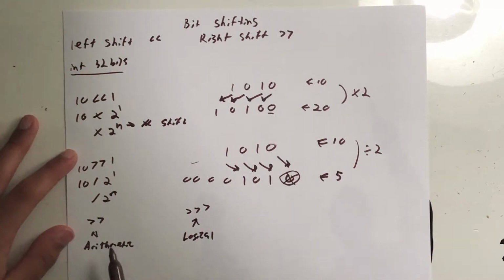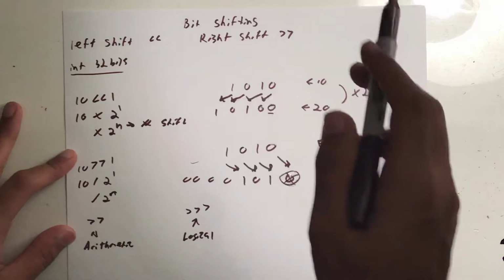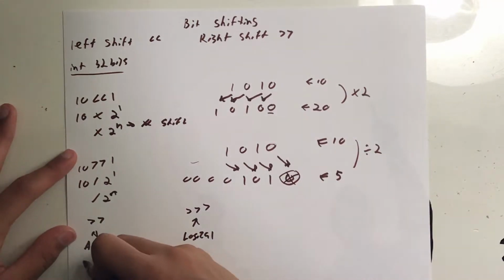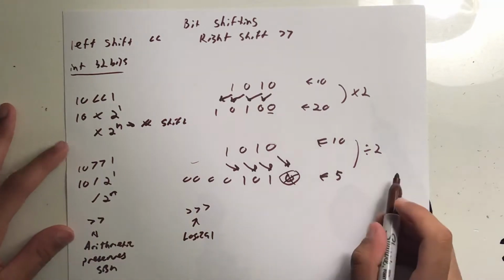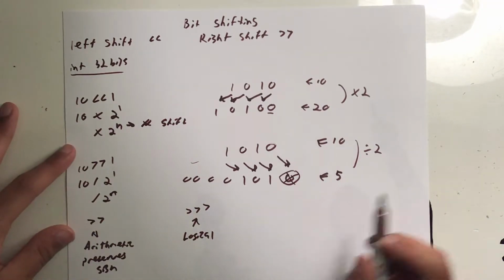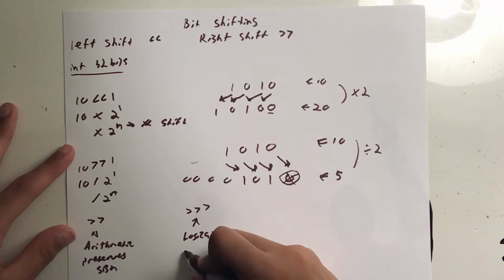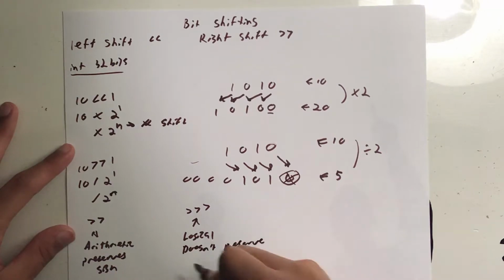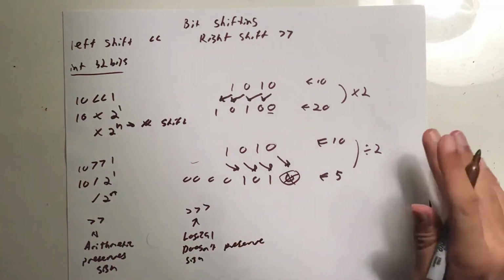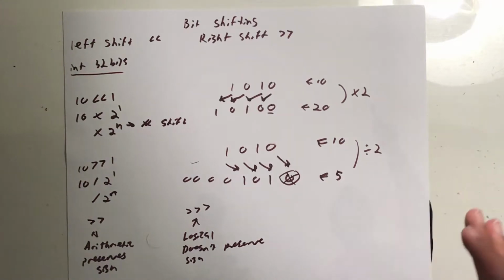Now, what arithmetic does is it preserves the sign. If it's negative, it's going to be negative. If it's positive, it's going to be positive. Logical doesn't preserve sign. And we'll get more into that right now. I'm going to my example.